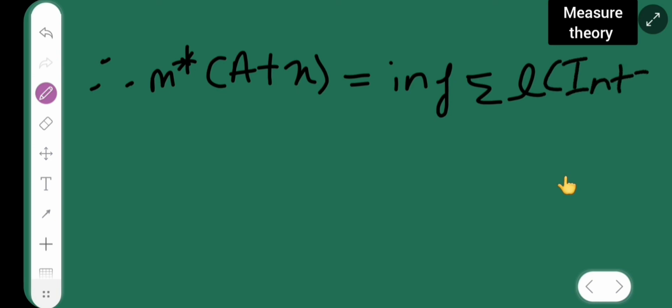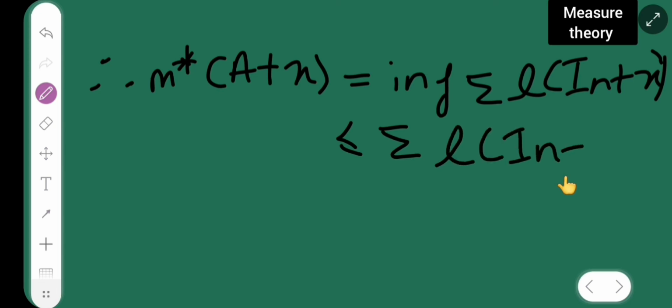So we have used the definition of an outer measure. Now this is less than or equal to the summation of the length of I_n plus x. Again, this is less than or equal to the summation of the length of I_n.